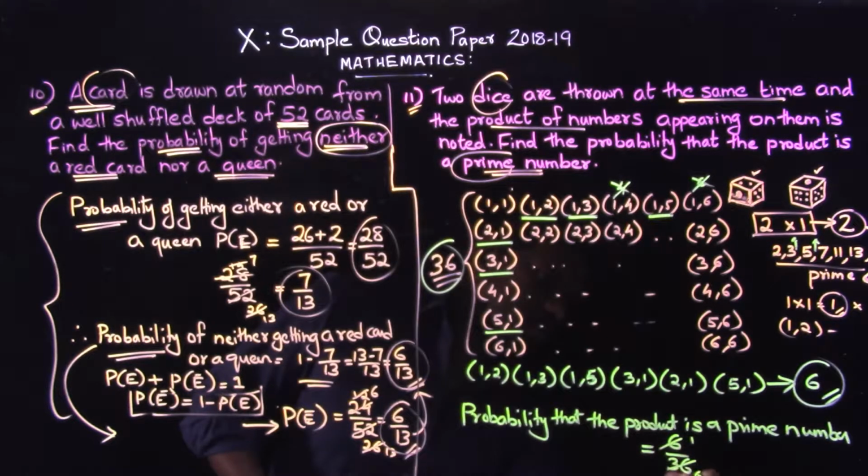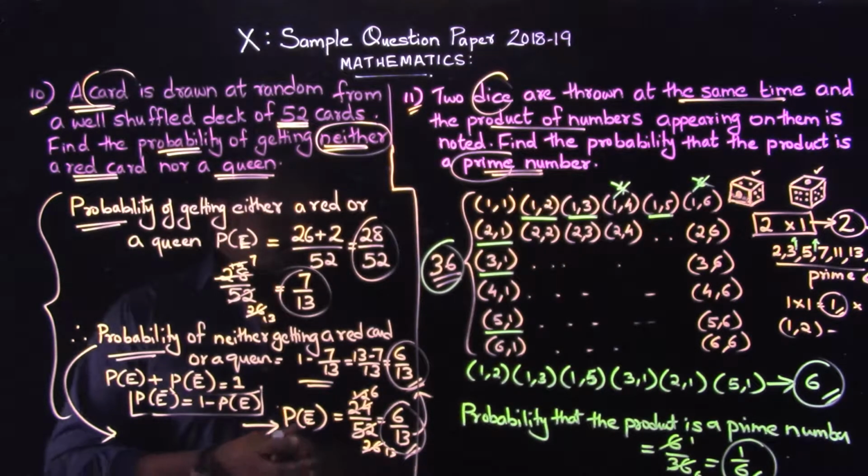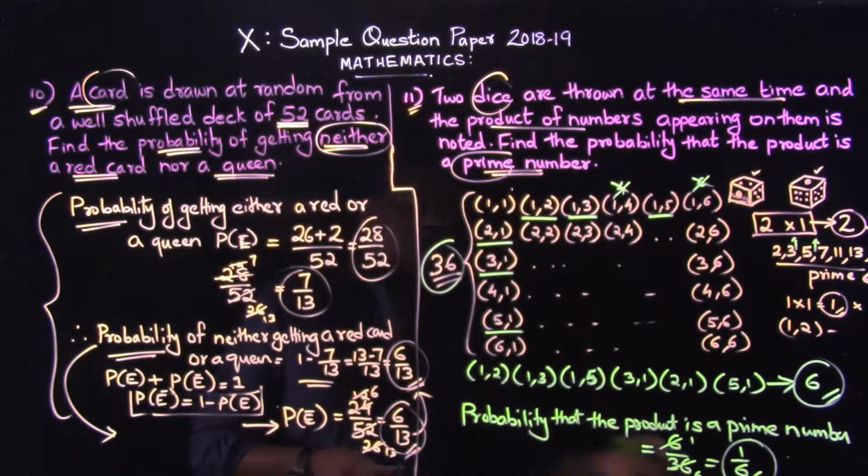That simplifies to 1 by 6. 1 by 6 is the probability of getting a prime product. Cool, I think it's pretty easy.